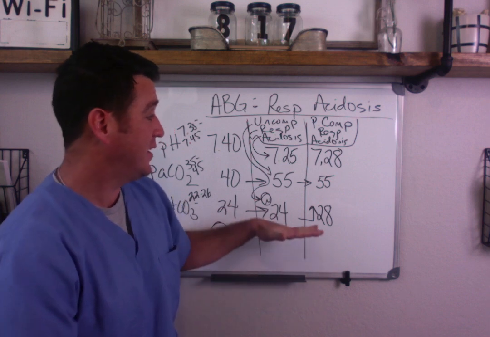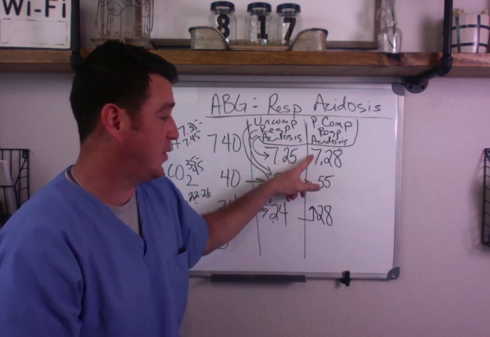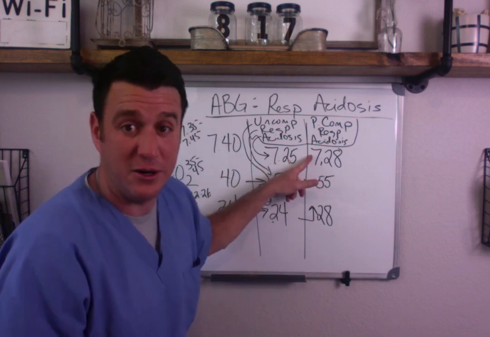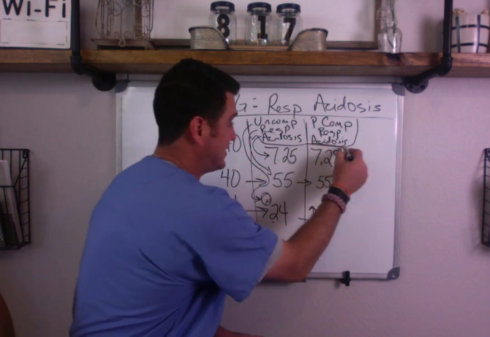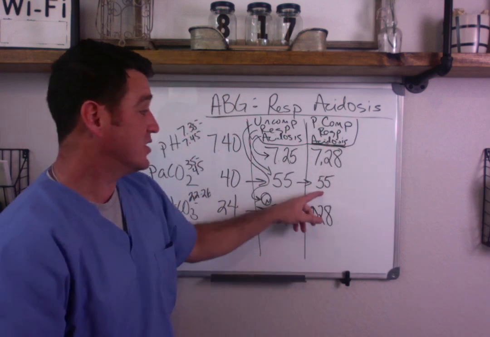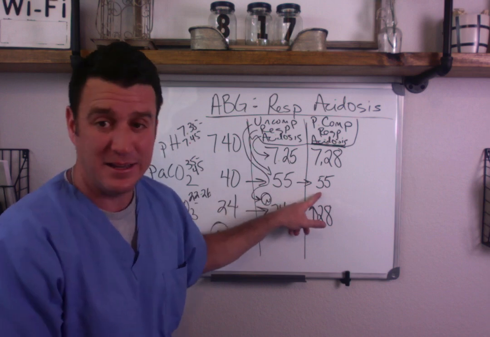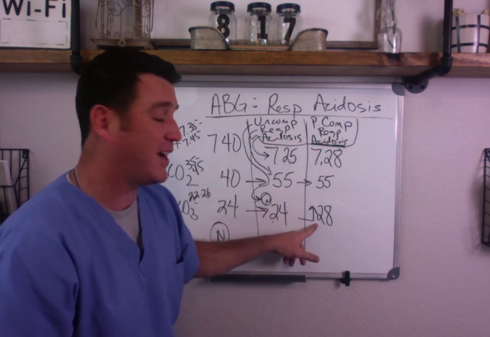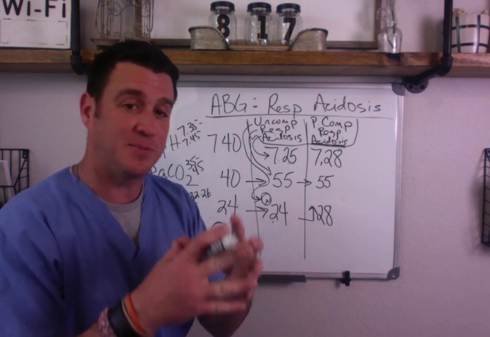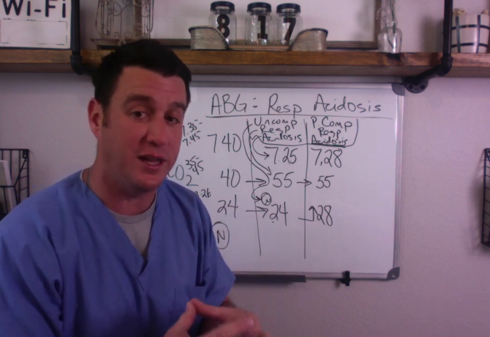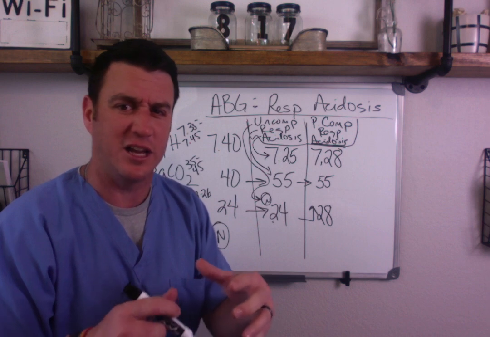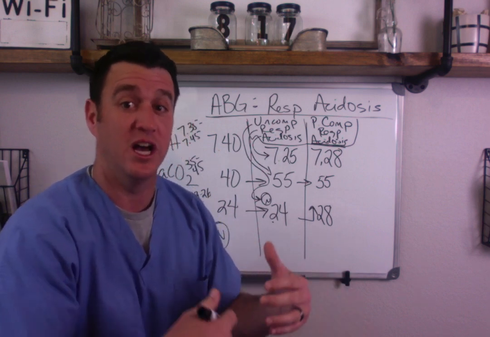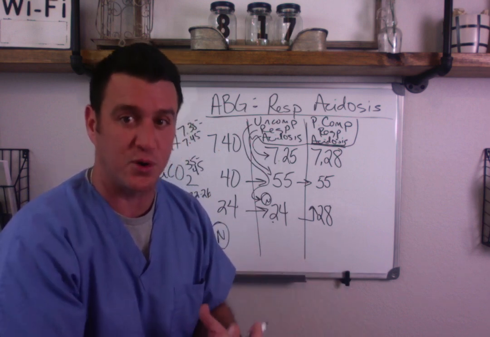Okay, so now you have a pH of 7.28. It's still acidotic. That's hence the acidosis. Your CO2 is high. That's causing a respiratory acidosis, but your bicarb is up. Now, the reason this is partially compensated and not fully compensated, some of you may call it compensating, so a compensating respiratory acidosis.